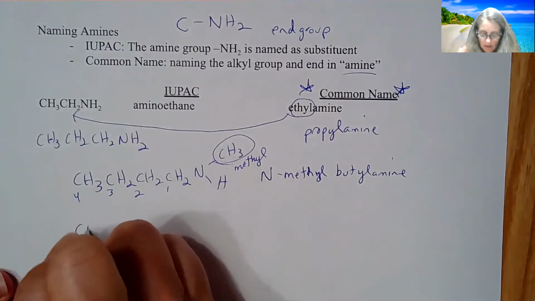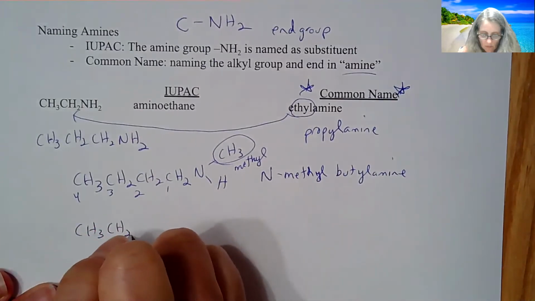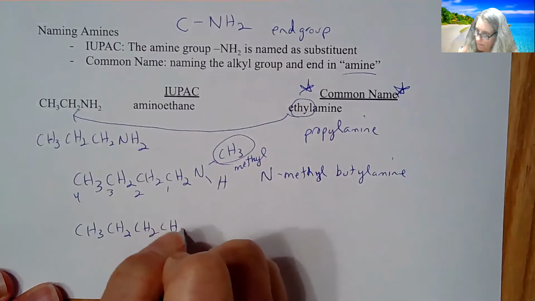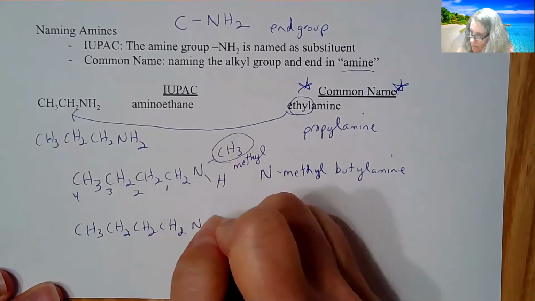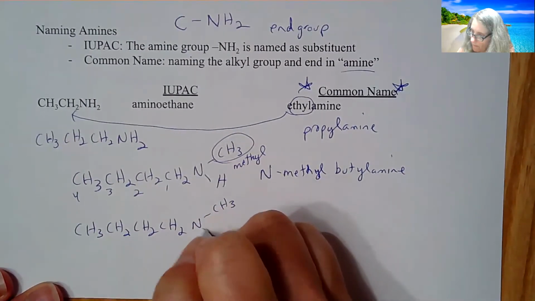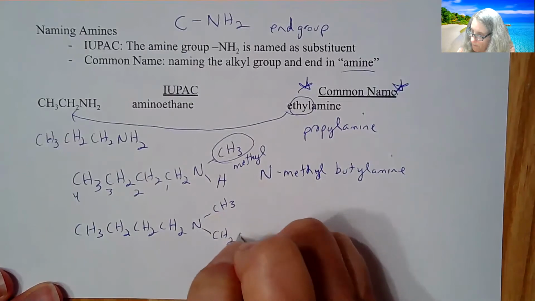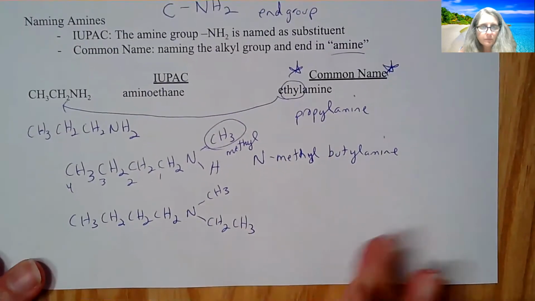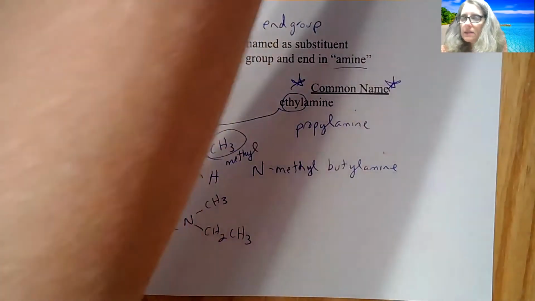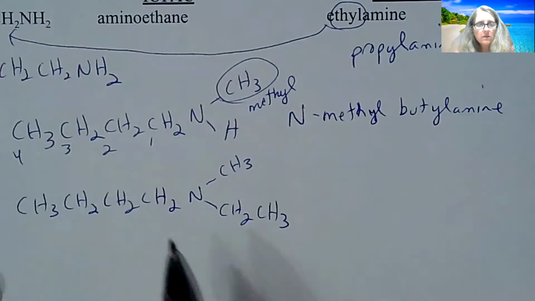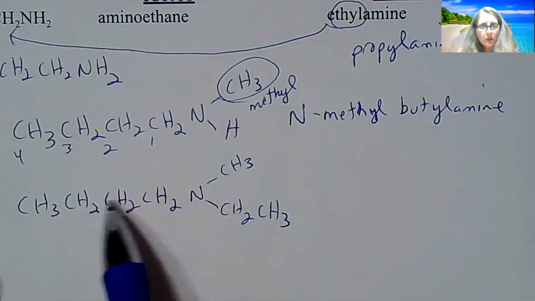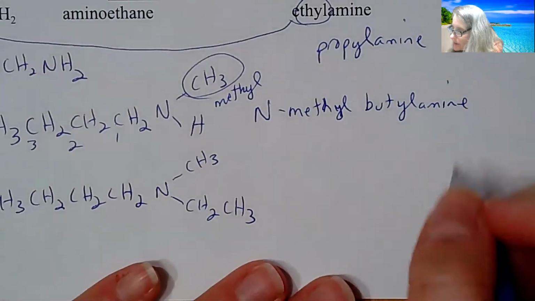So let's draw another one. So let's see, again, I have 4 carbons, so it's going to end in butylamine.